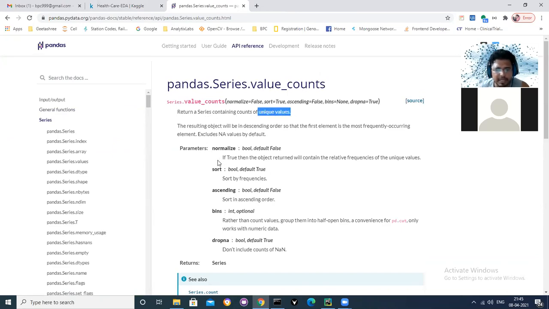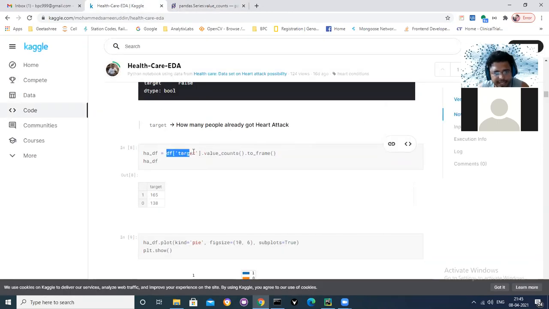Okay. So that means a column is also a series, by the way. If I tell you, df target is what? A column, right? The target column. A column is a series in a data structure name.